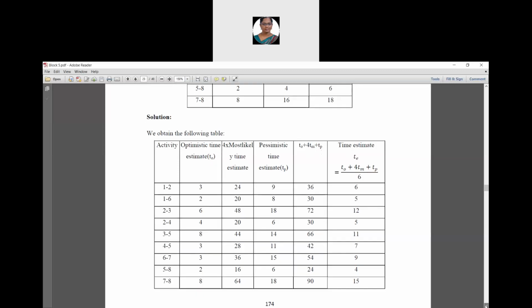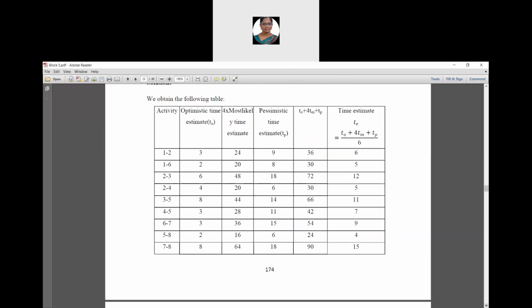divided by 6. Okay, so see here, activity 1 to 2 has an optimistic time estimate value of 3, 4 times the most likely time estimate is 24, and the pessimistic time estimate value is 9.